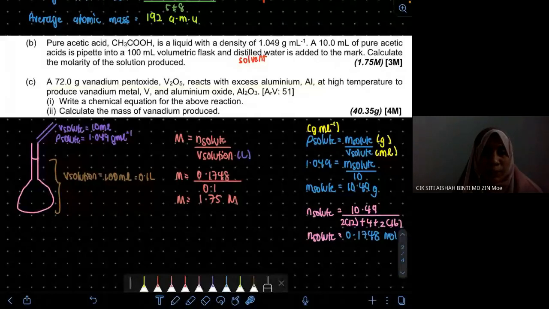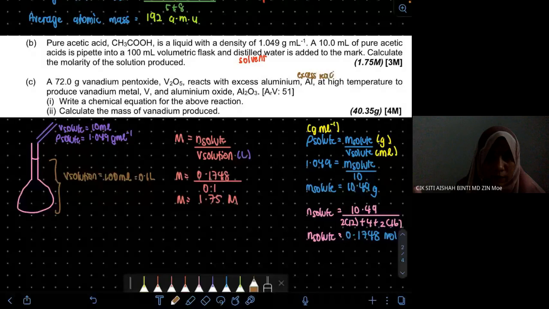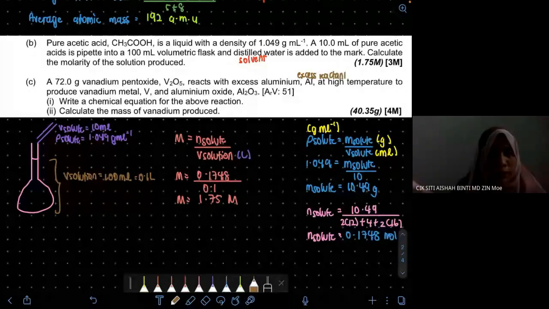So, ada certain question yang tak perlu cari pun excess limiting reactant tau. Yang ini, maknanya aluminium ni adalah our excess reactant. So, yang ini automatically we know this is actually our limiting.